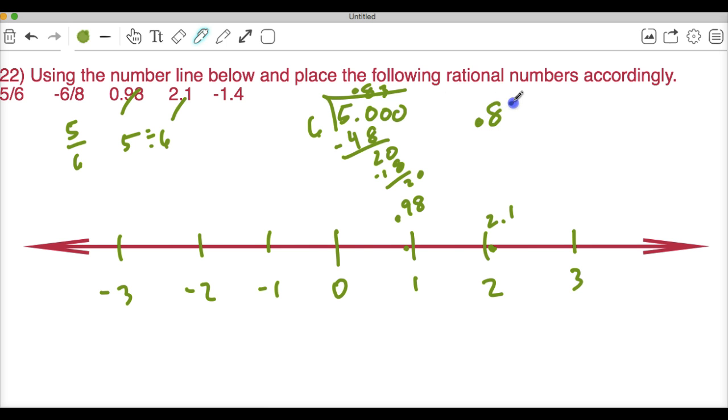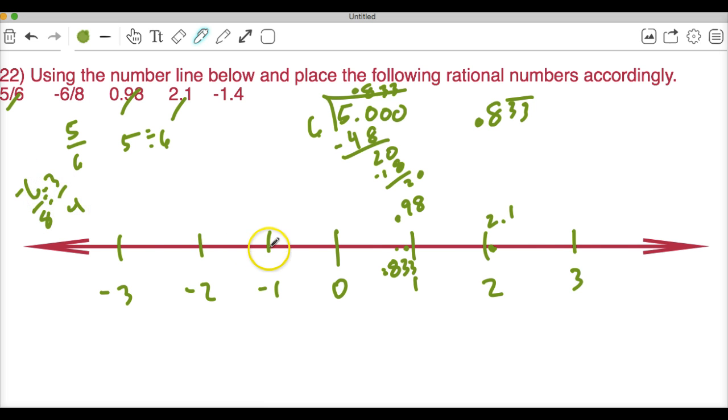So it's going to be 0.833, which means it'll be to the left of my 98/100, right there. Probably a little bit closer this way, but that's okay. Actually, let me go and fix that. Sorry, it's hard to place it in there. And that's 0.83, and that's repeating.